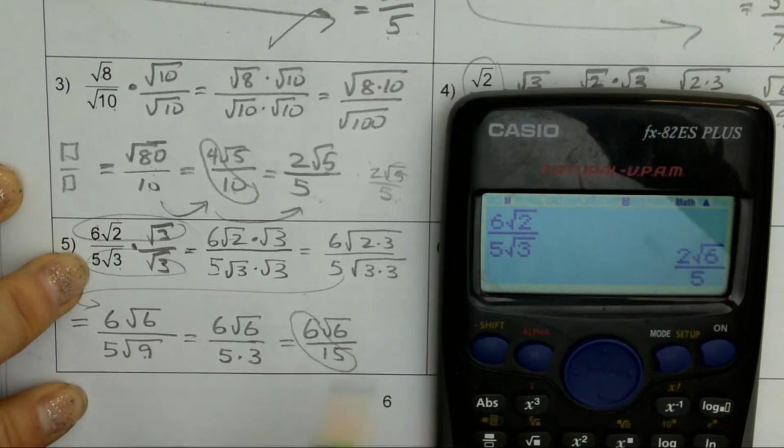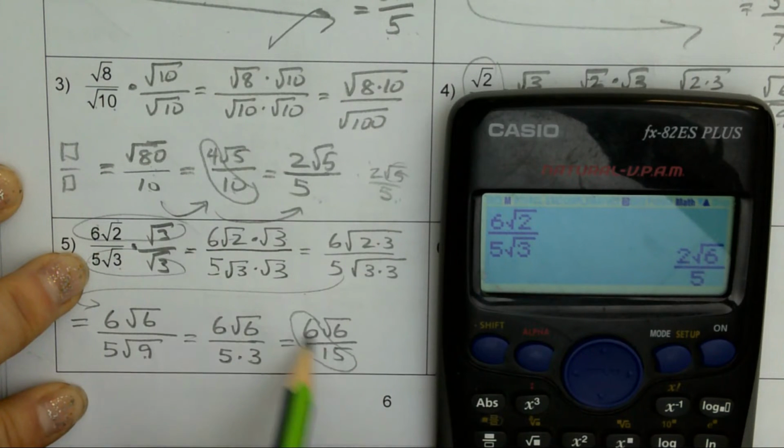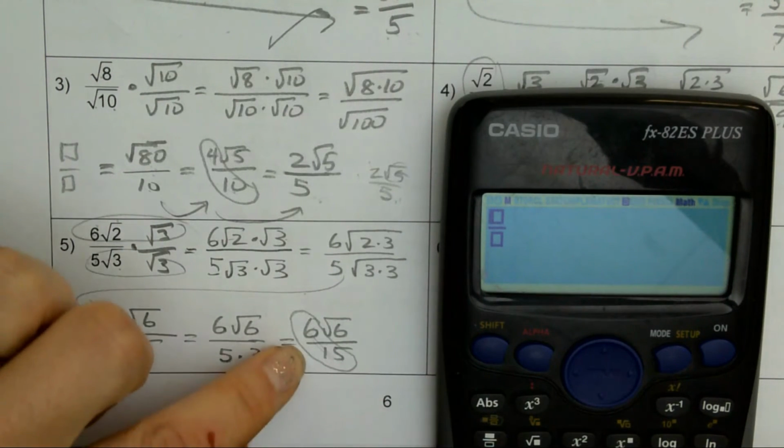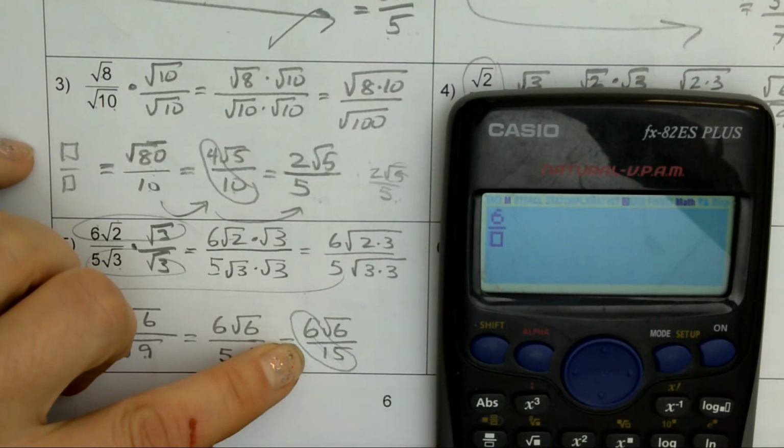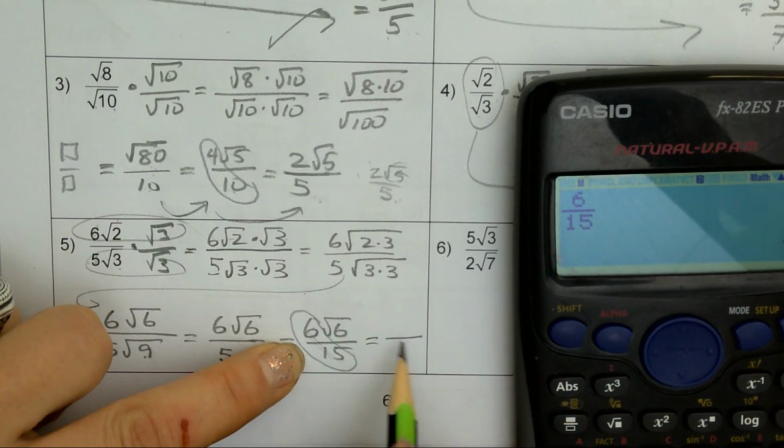We have the root 6, but the fraction is not simple. We need to make this more simple. So we're going to have to remember to always check our fraction in front, the coefficient in front of the radical, and see if we can simplify it. 2 over 5. So that's 2 over 5 with that root 6 here.